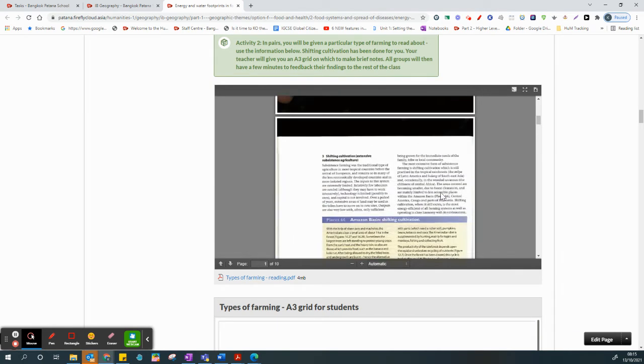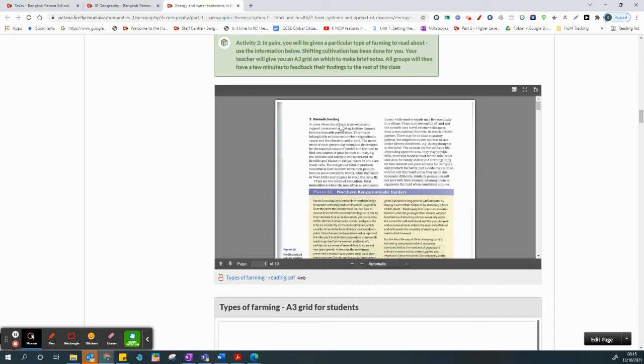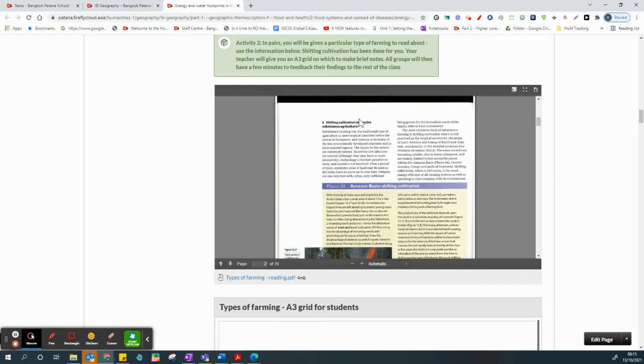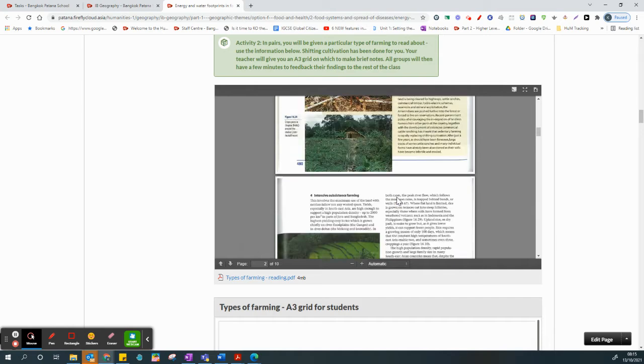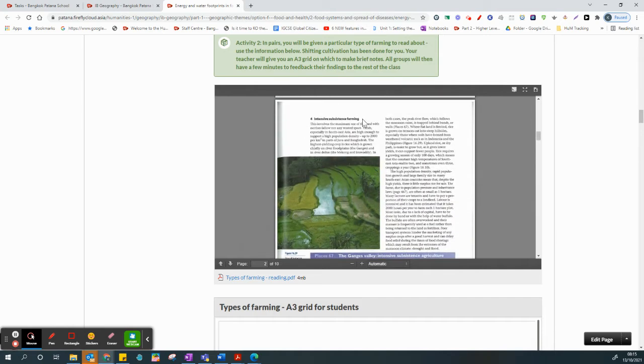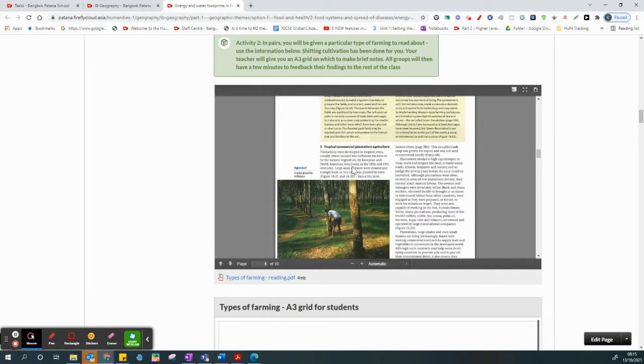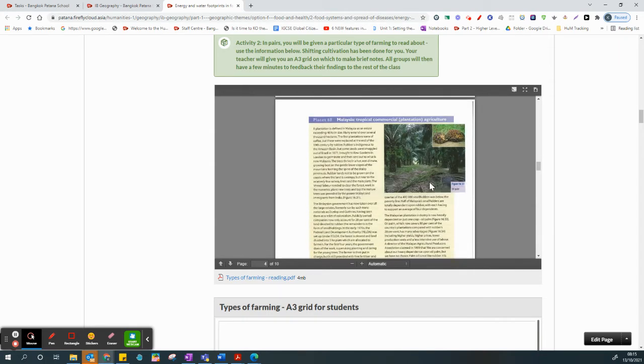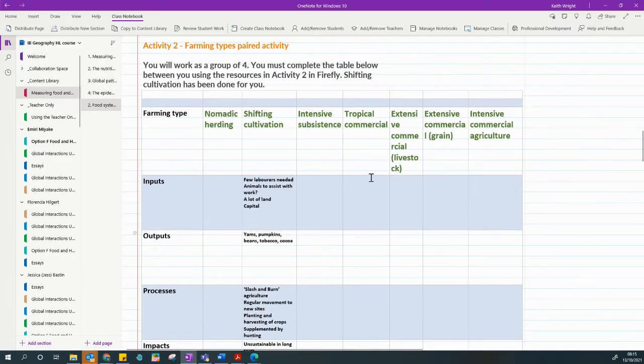So the idea is that between you, say Max says, I'm going to do nomadic herding and I'm going to do, let's say, intensive subsistence farming, and then someone else in their group, say Matt, says, okay, I'm going to do tropical commercial plantation, etc. And then once you have filled in the table each, you're basically going to talk to each other about the different types of farming.